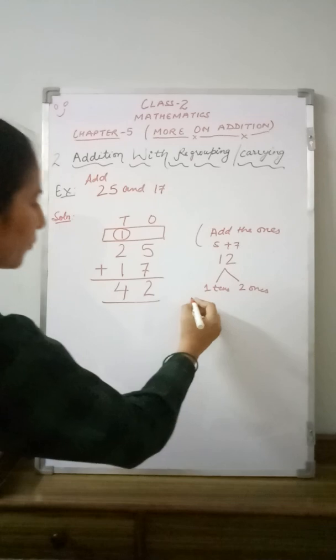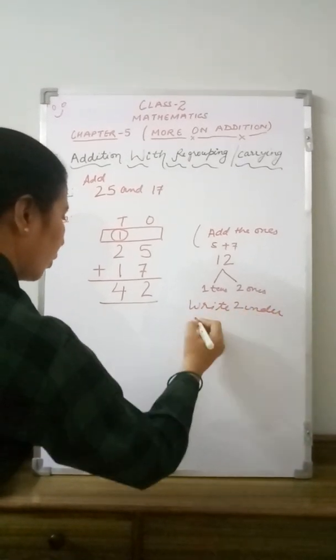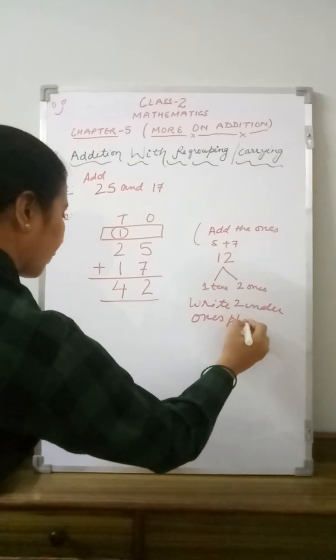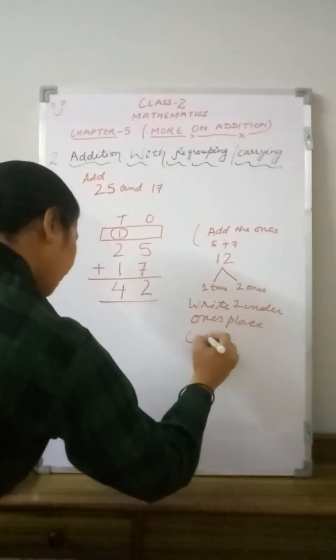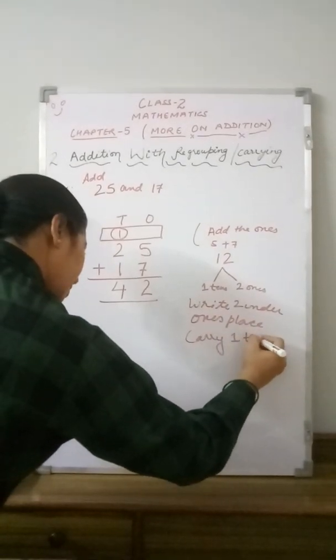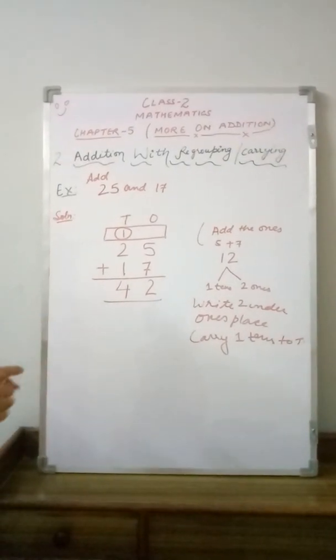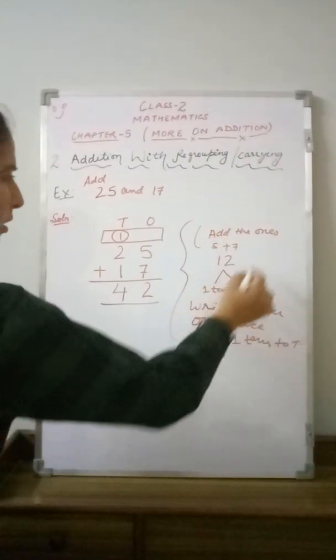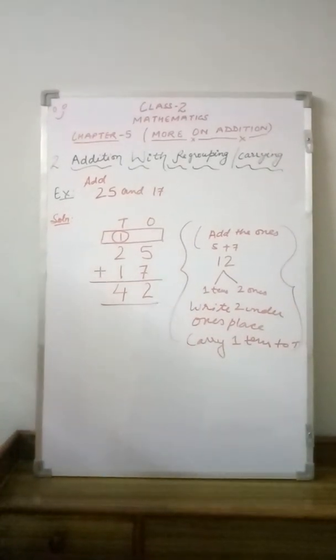Write 2 under the ones place, and carry 1 ten to the tens place. This is the method. Don't write these; this is the step of how to regroup, we only have to do it like this.